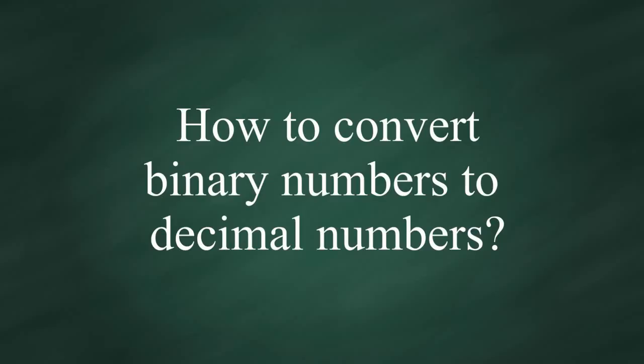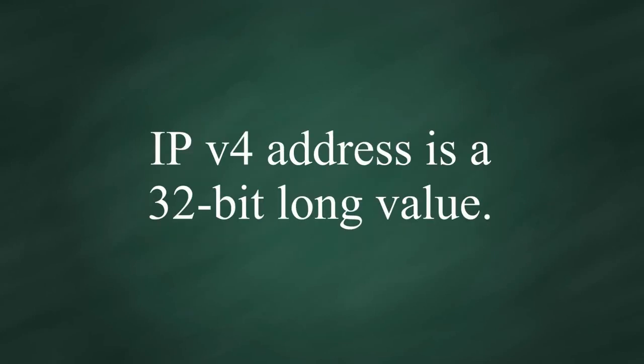Welcome back. Today my topic is how to convert binary numbers to decimal numbers in terms of an IP version 4 address. An IP address is a 32-bit long value. Now let's look at this IP address in binary format.